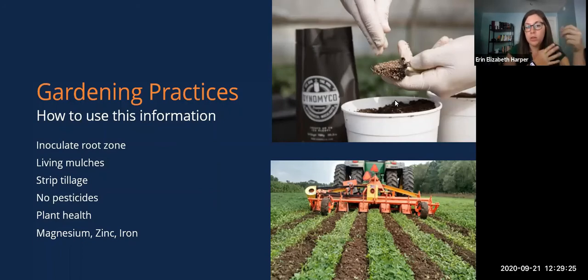So for legumes, for example, for soybeans, there is an inoculant, the bacteria that you can add. Roll the seed in it before you plant it, and that helps increase the amount of atmospheric nitrogen that those legumes take in, and they store them in their root nodules.